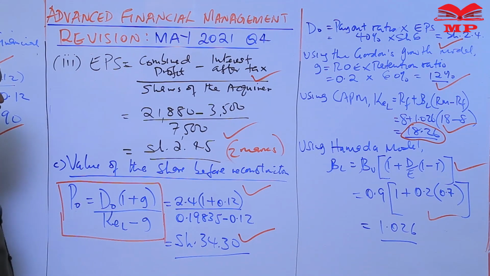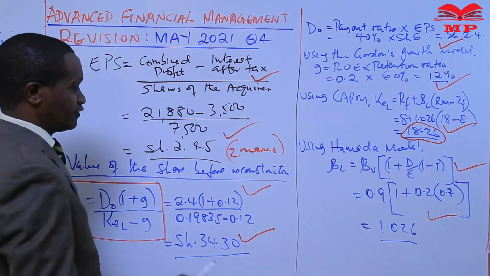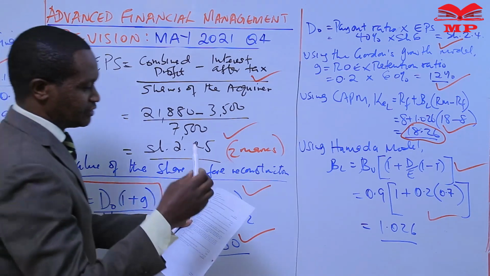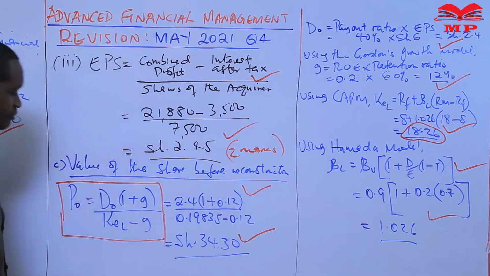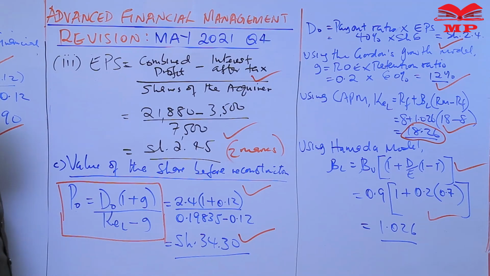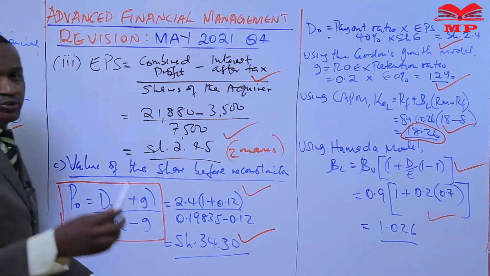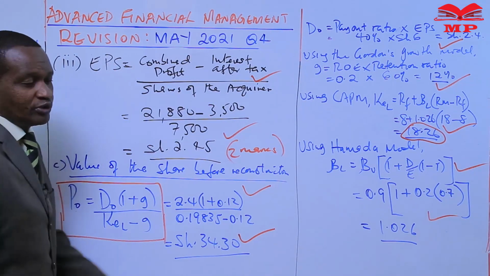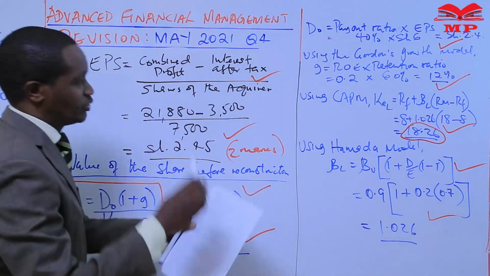So a candidate getting marks, you don't have to score all the marks, but you can at least score some. Out of these 8 marks, you can score some marks, because by now you know how to calculate the dividend per share. There are many ways in which the DPS can be calculated, and that depends on the information provided in the question.